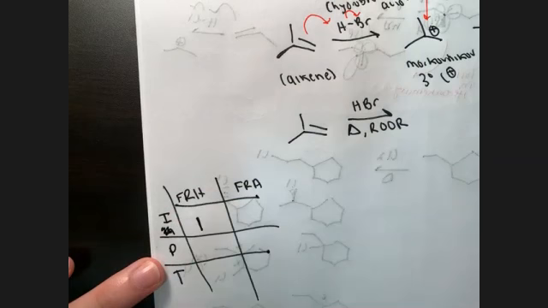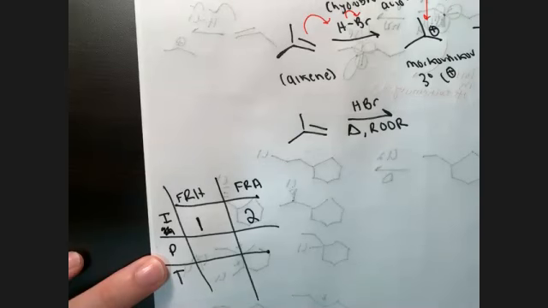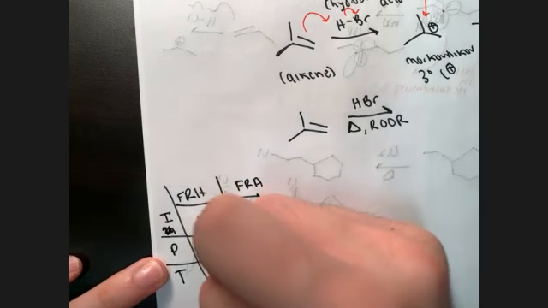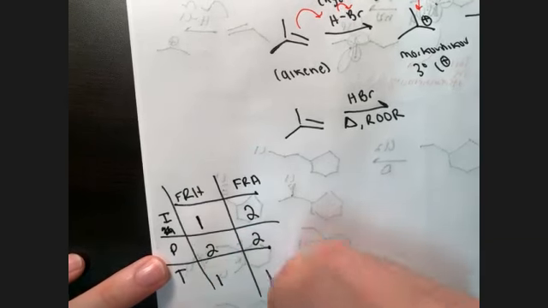The initiation step was 1 step, but now the initiation step is going to be 2 steps. The propagation step was 2, and also the propagation step is still going to be 2. And then the termination was 1, and this was 1.